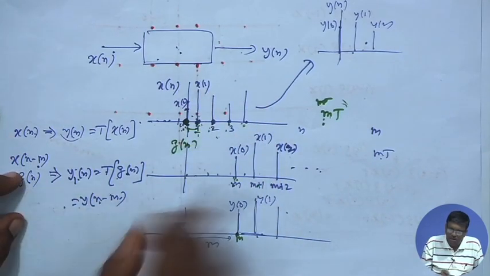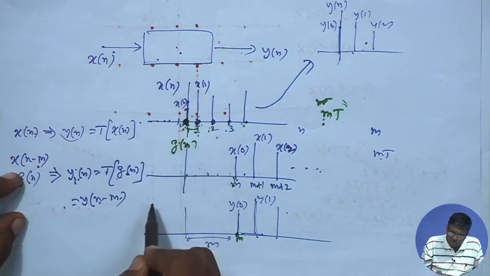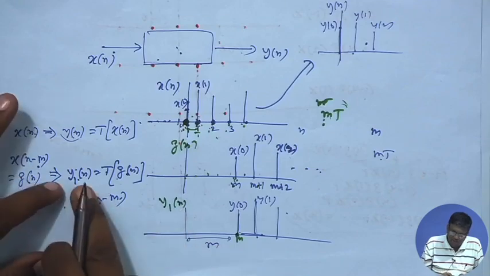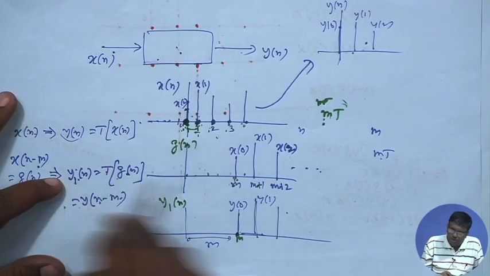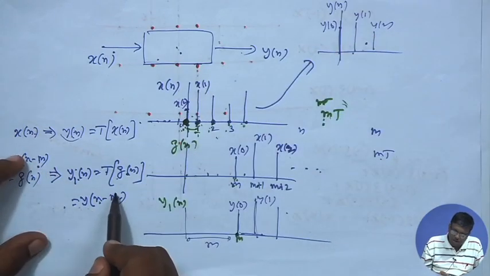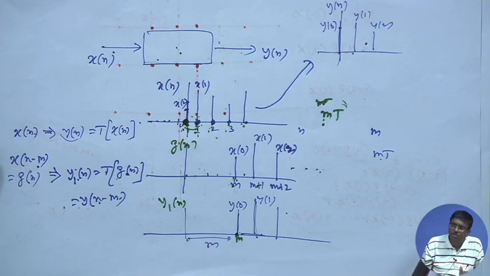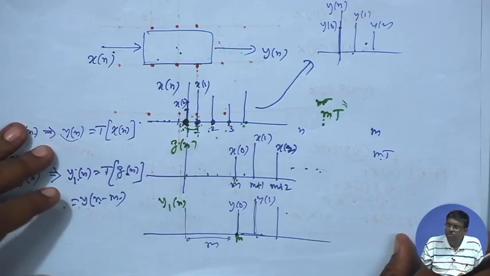If this g[n] I input to the system, the new output which I call y1[n], that is the response of the system due to g[n], should be nothing but the shifted version of the original y, shifted by the same amount m, and this should be true for any m. Then it is called shift invariant.